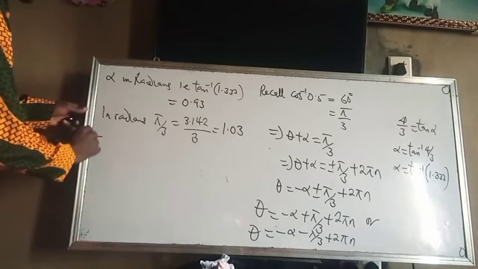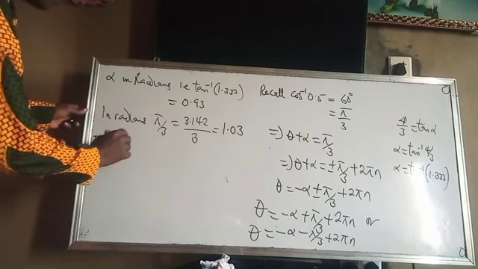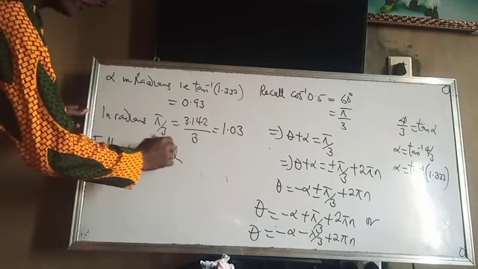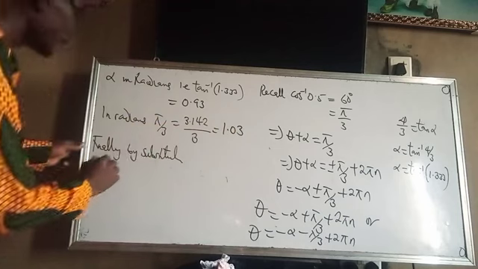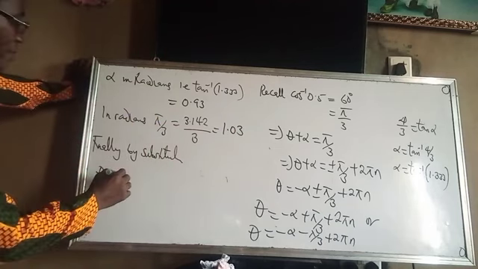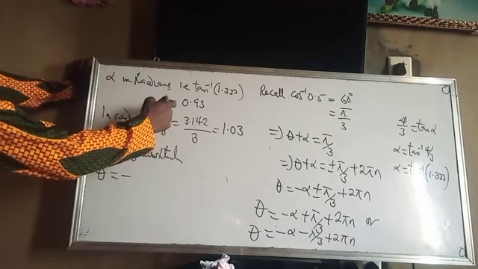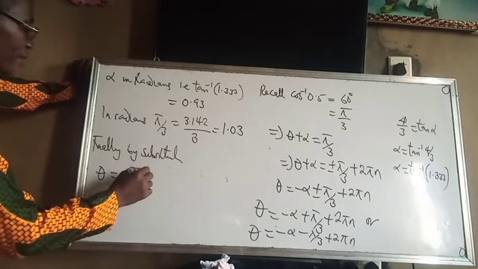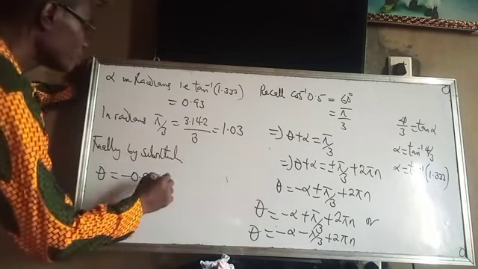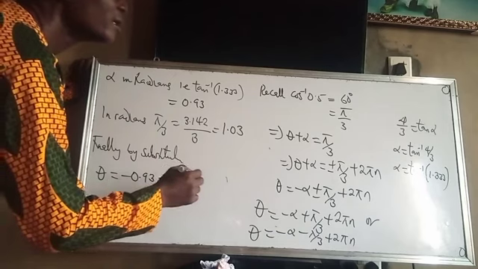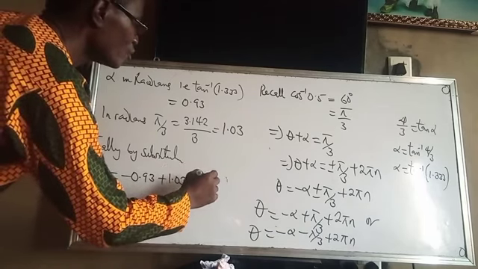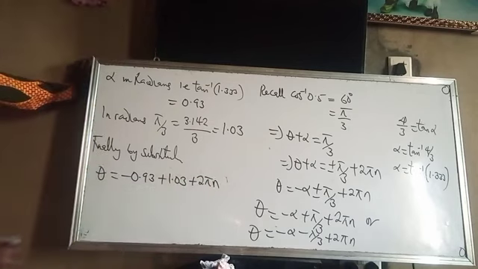Now finally, by substitution, theta will be minus alpha, what is our alpha now? 0.93, plus pi over 3 now is 1.03, plus, you can retain this one as 2 pi n.